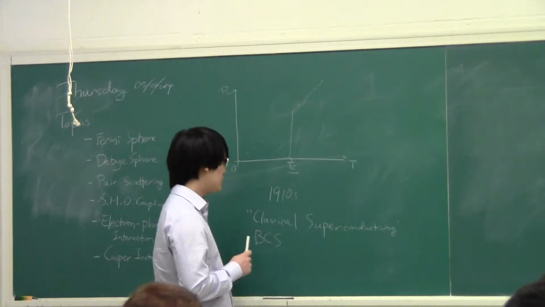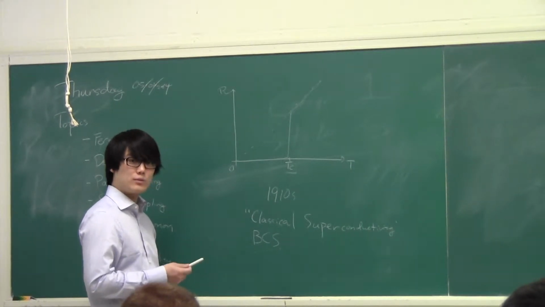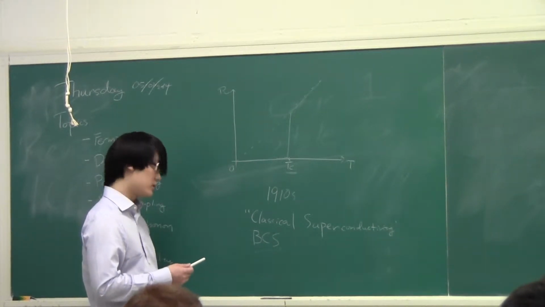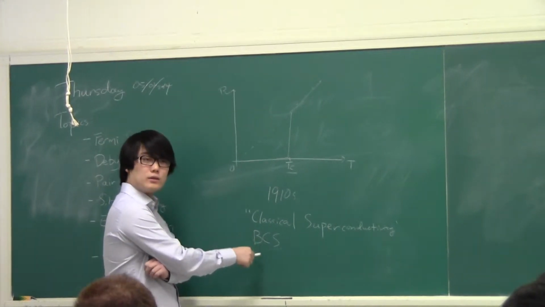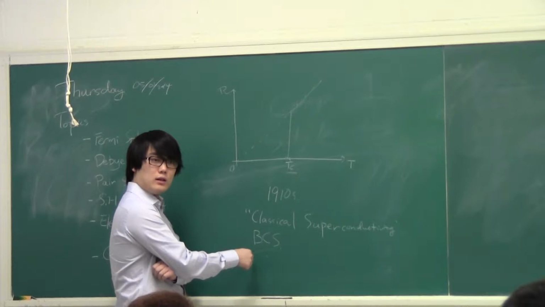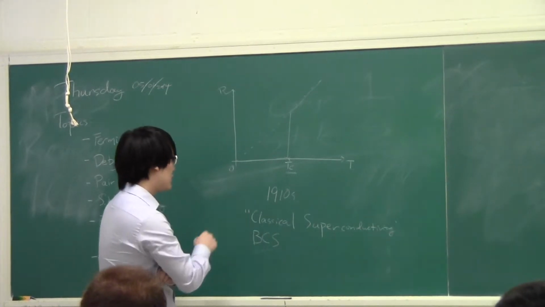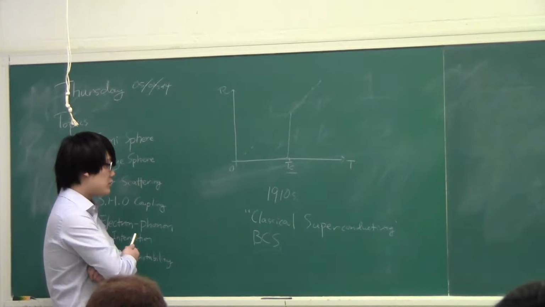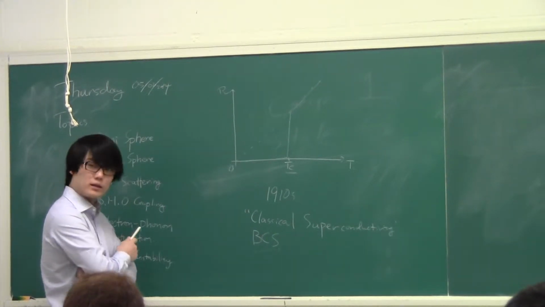And I think up to date, there's still not a very satisfactory microscopic theory to describe them. And also today, we're not going to be looking at the full detail of this BCS theory, which is a sort of microscopic theory for these classical superconductors. I'm just going to explain several aspects of it.